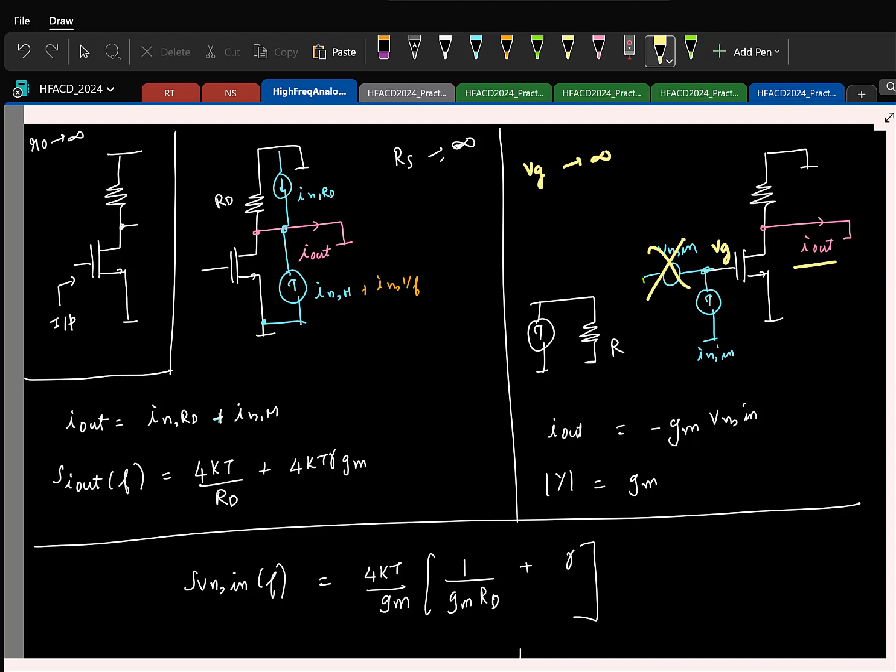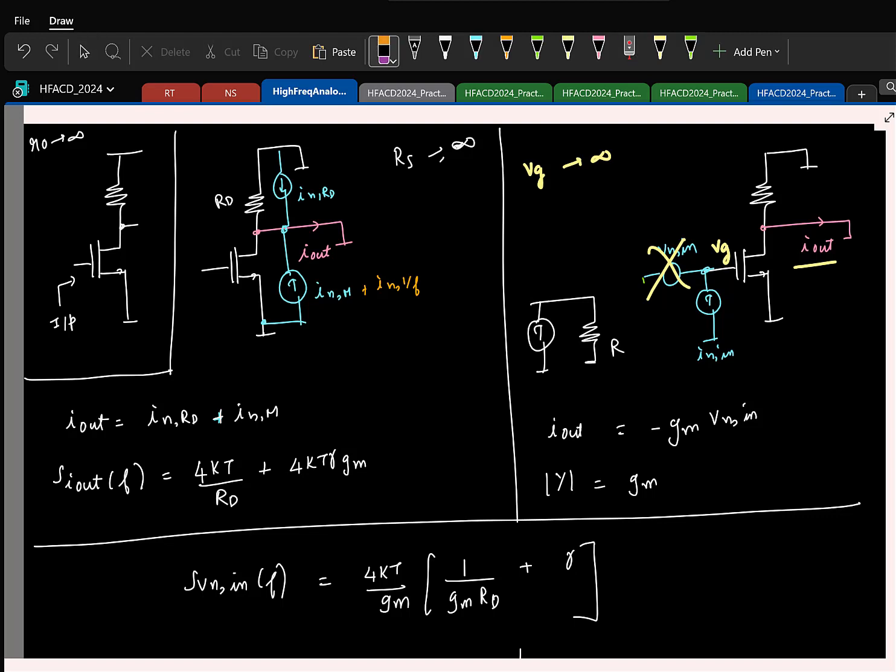So you find some noise current here divided by infinity, it will become 0. That's why you don't have to worry about the noise current if your input impedance is infinity. Of course, in practice, you will have the gate parasitic capacitance, so the transfer function will not be exactly infinity. It will be frequency dependent, but let's say we ignore it. This is what we have. Basically, at low frequencies, you don't need the noise current to model the noise.